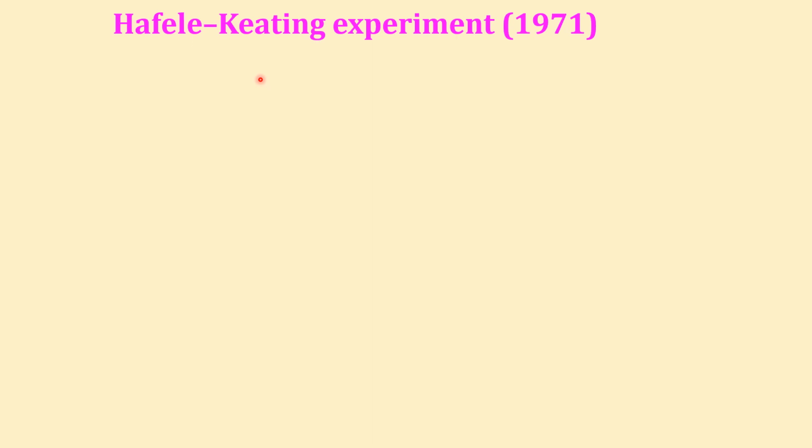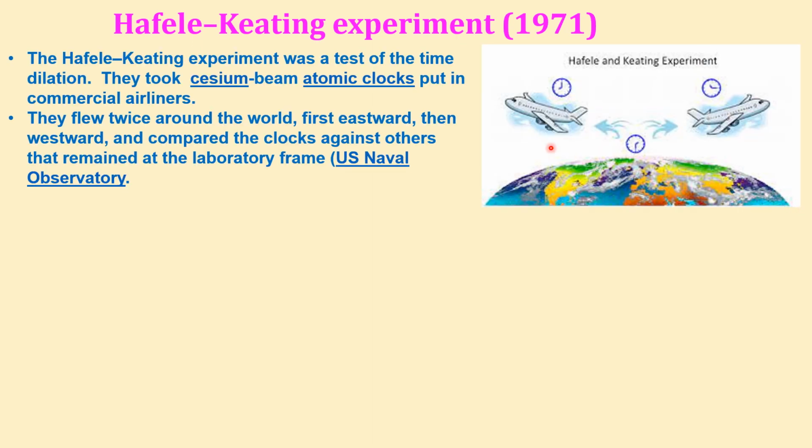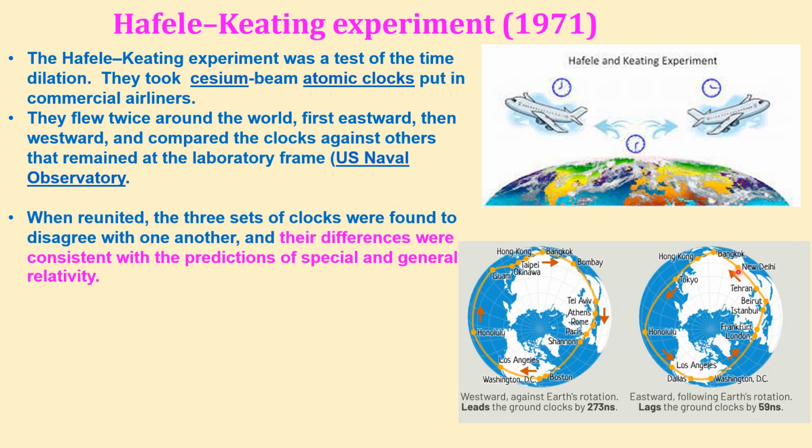Another real example of time dilation was the Hafele-Keating experiment in 1971. They were two American scientists, and they used three very precise atomic clocks. One was put in the laboratory, and the other two clocks were put in airplanes. One airplane was traveling from east to west, and the other from west to east.